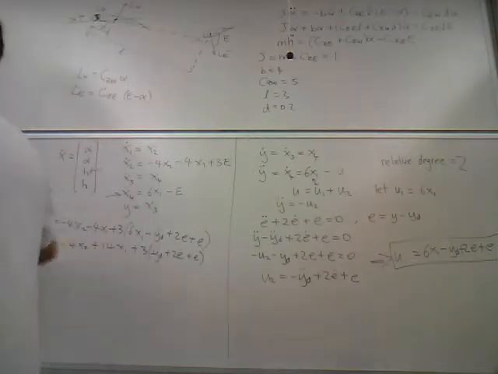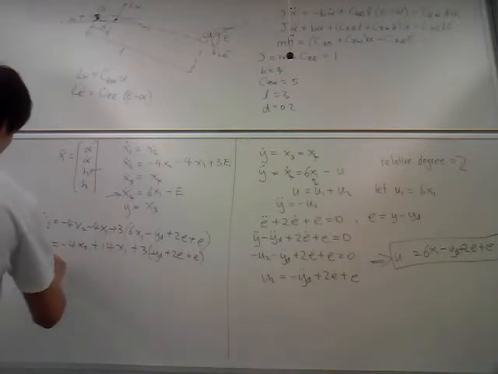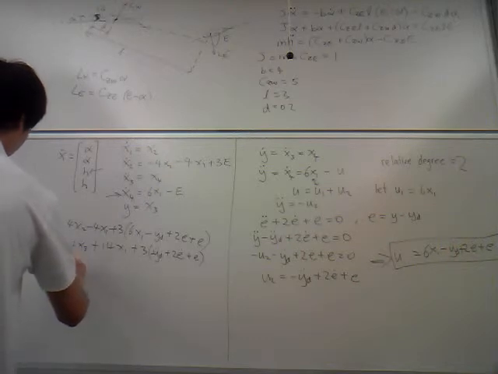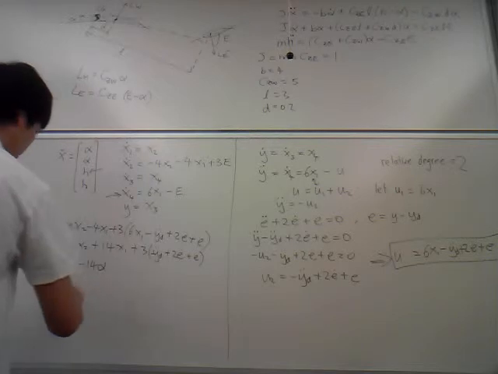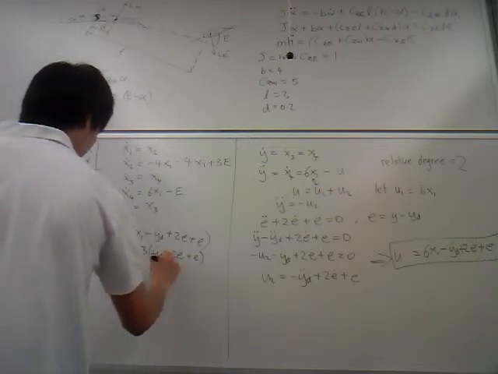So if we just move all of this stuff to the other side and then sub in the alphas and alpha dots, you can see that we get alpha double dot plus 4 alpha dot minus 14 alpha equals this stuff.